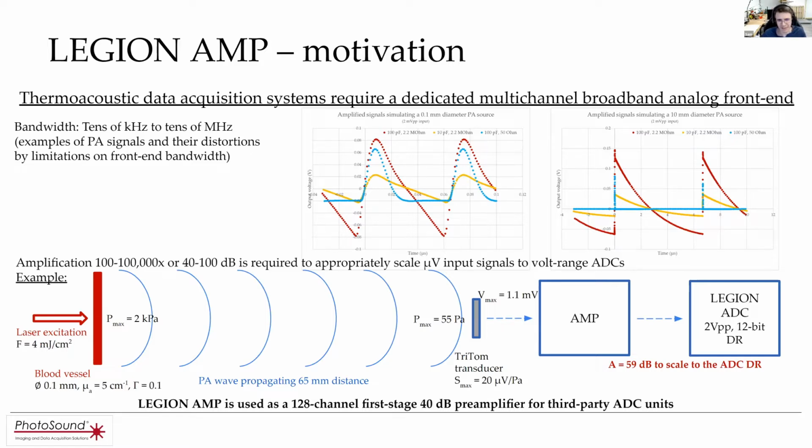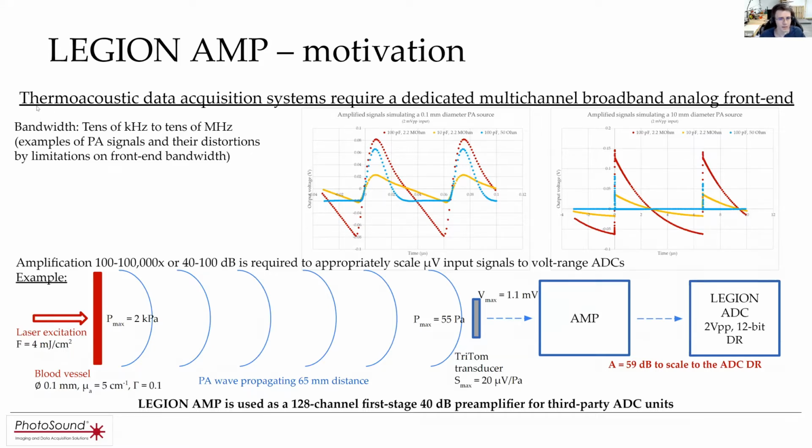This input impedance matters because, with the capacitance of the probe, it forms a high pass filter, and you lose a lot of the lower frequency signal, and you end up with distortions, and you will lose out on some quantitative analysis and some spatial analysis as well for larger objects.